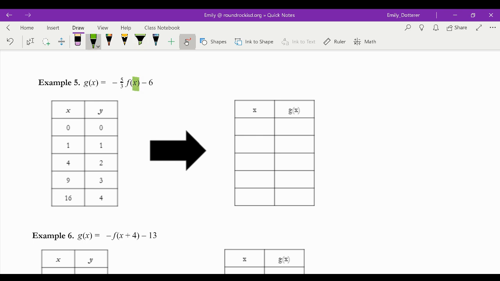This time there's nothing in there with the x, so the x values stay the same.